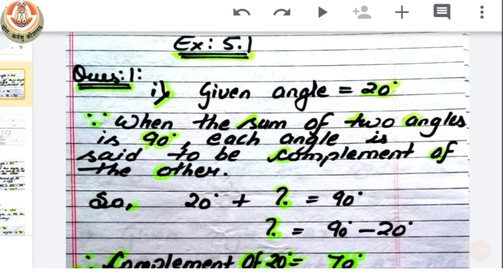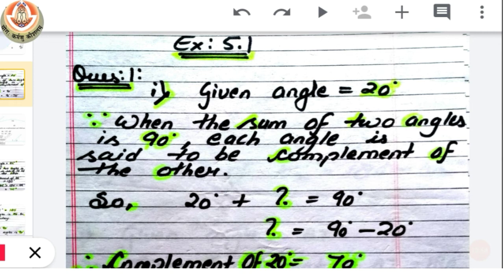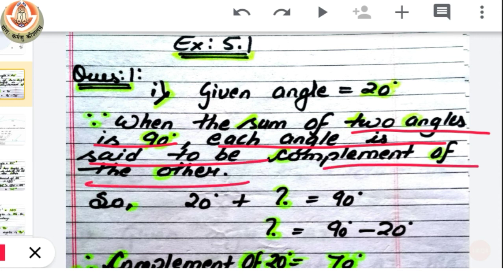Let's find its complement. When the sum of two angles is 90, then each angle is said to be the complement of the other. That means when we add 20 degrees with another angle, the sum should be 90 degrees. So that angle should be 90 minus 20, which is 70 degrees. That means the complement of 20 degrees is 70 degrees.